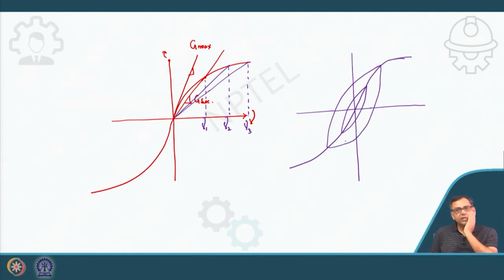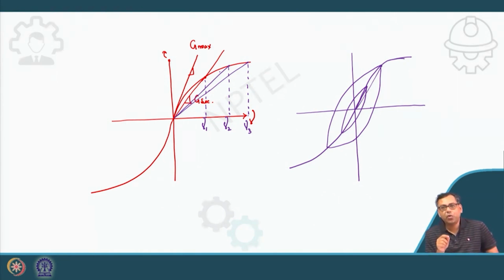Here this is my shear modulus, here this is my secant shear modulus, and so on it will change. So I can calculate the secant shear modulus from this backbone curve, and this secant shear modulus changes with strain. This is my equivalent linear model.